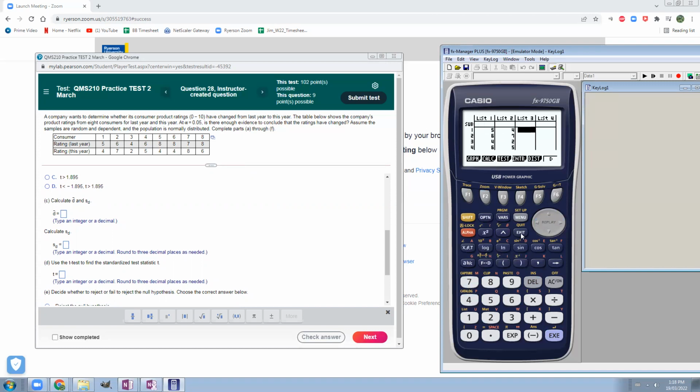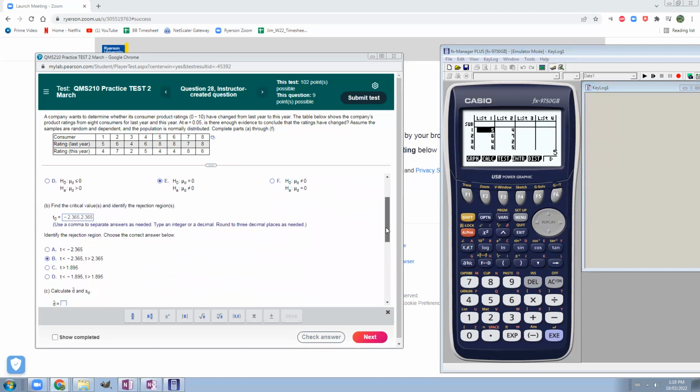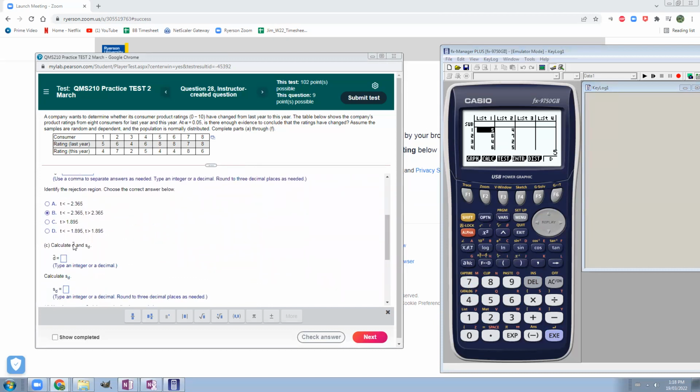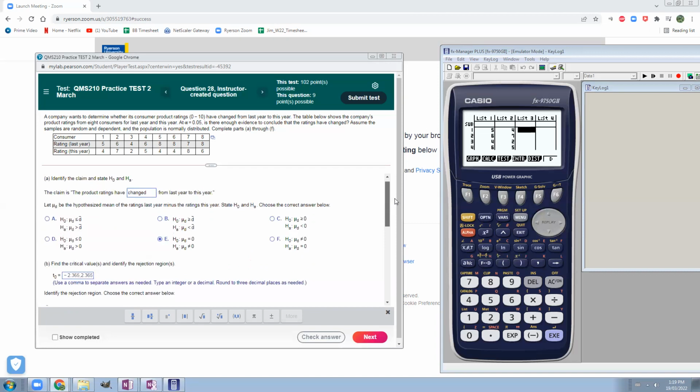Right? So we're going to subtract. Now they want D bar, and so the order of our subtraction is very important. If we do list 1 minus list 2, we'll get positive 1 for the first one. If we do list 2 minus list 1, we'll get negative 1 for the first one, right? So we need to pay attention to which way they want us to do the subtraction, and have they told us?